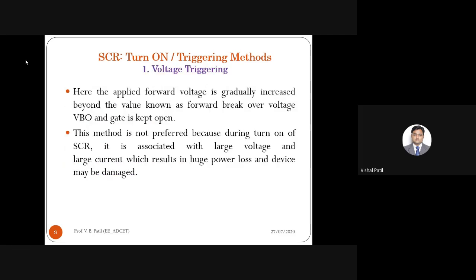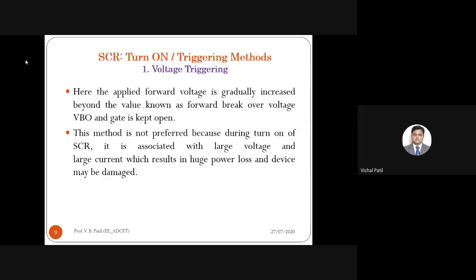Now what is voltage triggering? Here the applied voltage is gradually increased beyond the value known as forward breakover voltage VBO, and the gate is kept open. So there is no role for the gate. This method is not preferred because during turn on of SCR it is associated with large voltage and large current, which results in huge power loss in the device and it may damage.